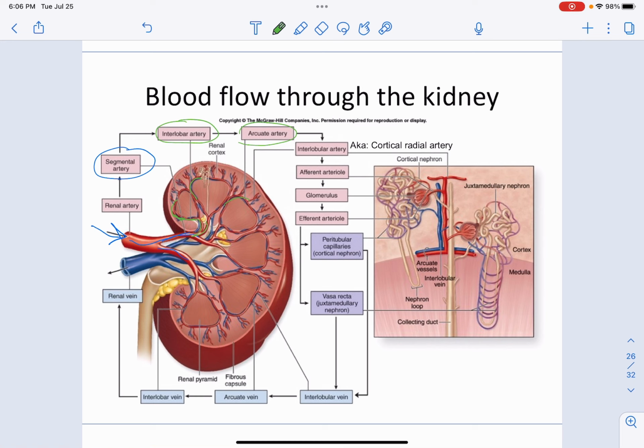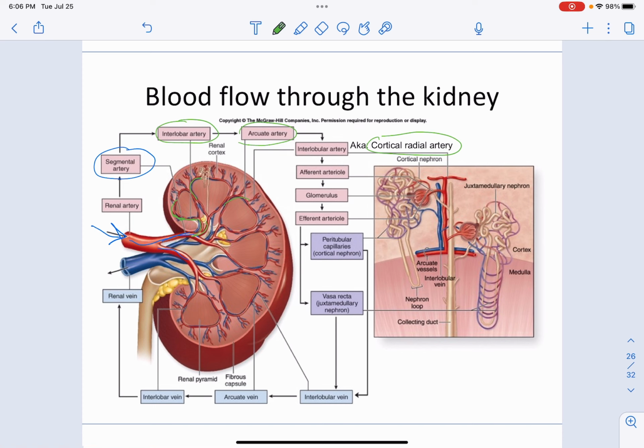We got this. So there's another artery, and the name of this other artery can be confusing, and it has two names in the literature. I like the second name because it tells you exactly where it is. So the arcuate artery branches into the cortical radial artery.